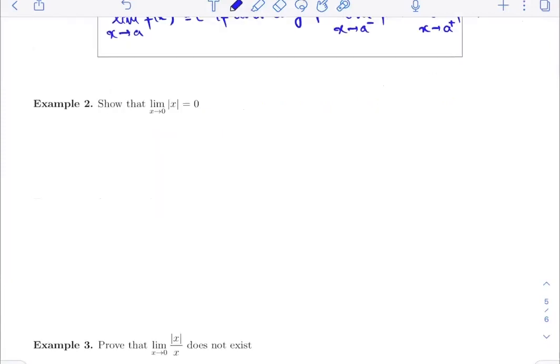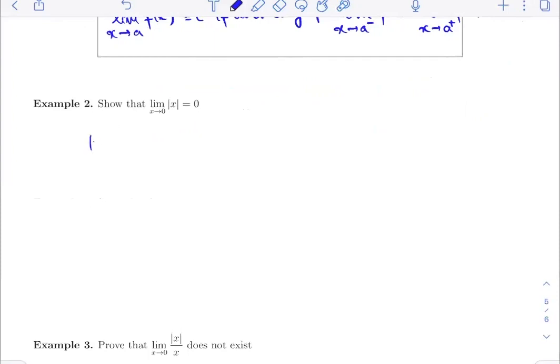I have shown this example before, but let's go back and take a look at it. Show that the limit of the absolute value of x as x approaches 0 is equal to 0. Absolute value of x is a piecewise defined function.